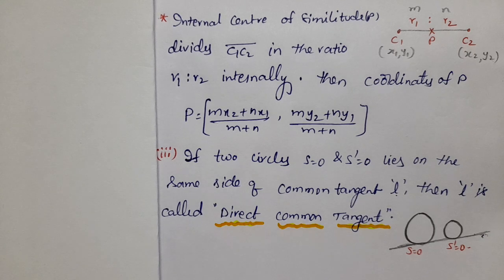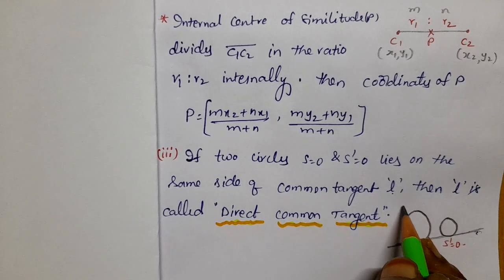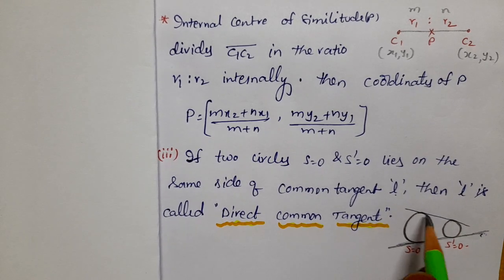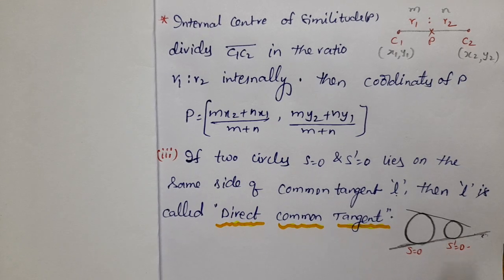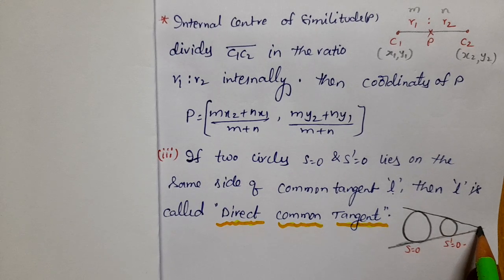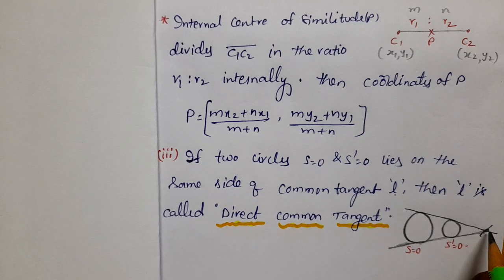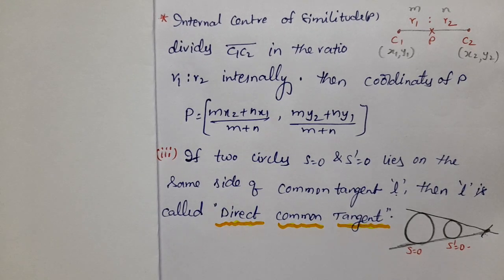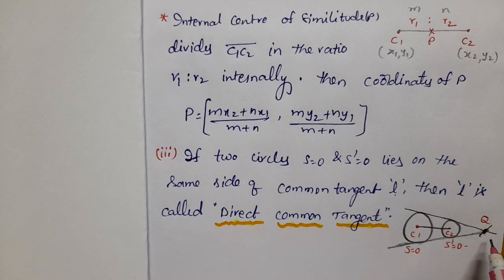If we draw another direct common tangent like this, for this common tangent also the two circles lie on the same side. If we draw another direct common tangent and these two direct common tangents intersect here, this point of intersection does not lie on the C1 C2 line.